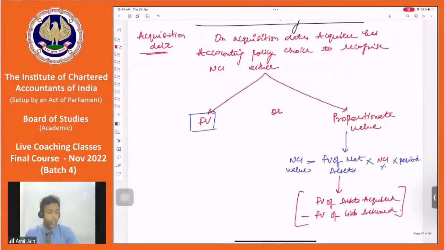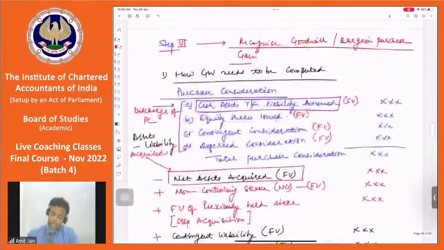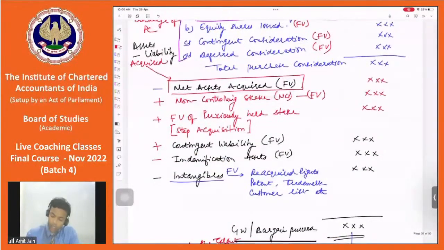Okay, Jay is asking, net asset acquired does not cover the indemnification asset. So net assets acquired here we are talking about exist in acquiree books. Correct?